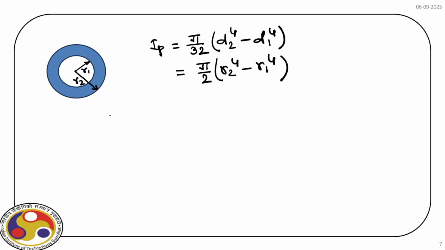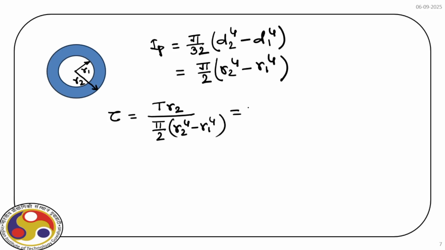So then tau, we have T times the extreme fiber R2, tau is equal to T times R2 divided by pi by 2 times R2 to the power 4 minus R1 to the power 4.